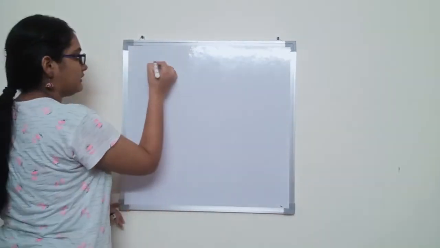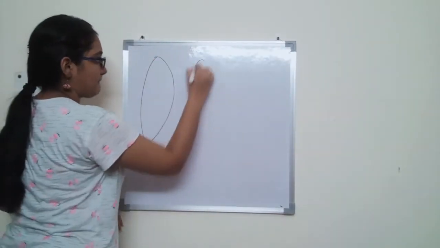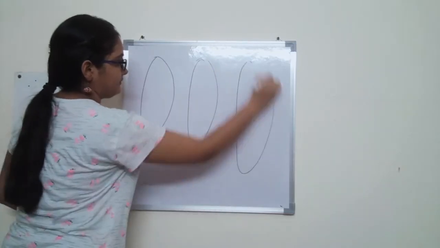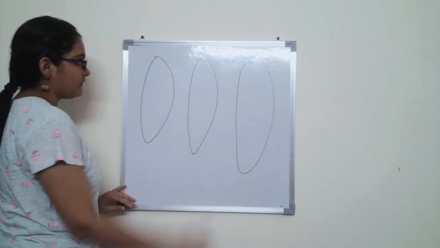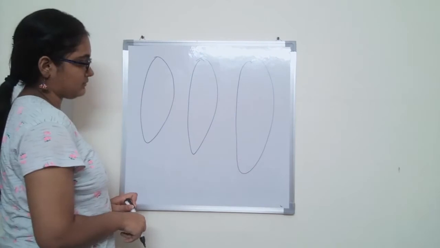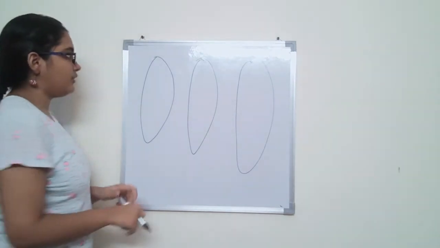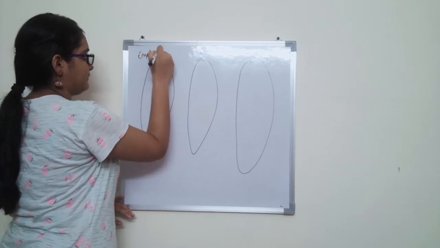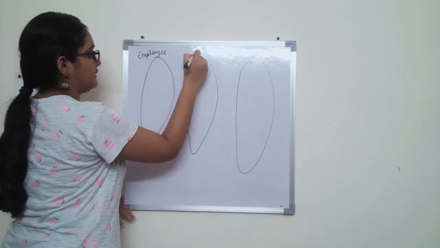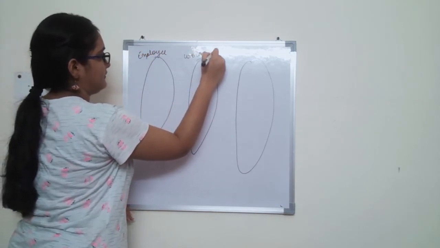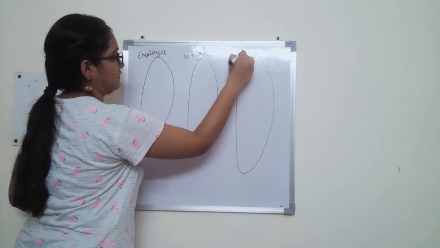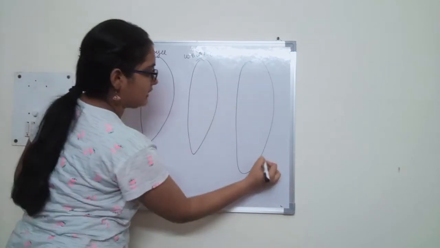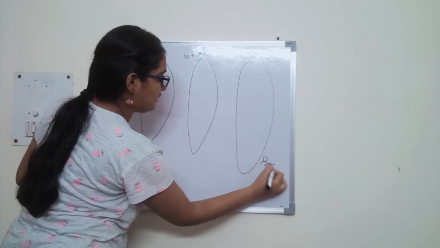So there is a relationship works on. Employee works on project. Let me write it here since it is not visible.